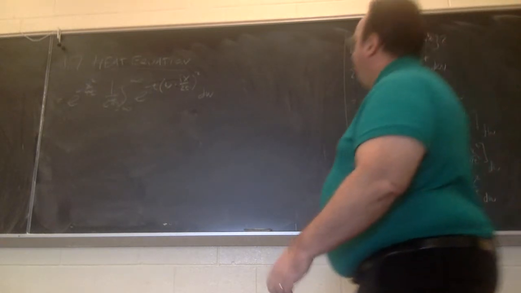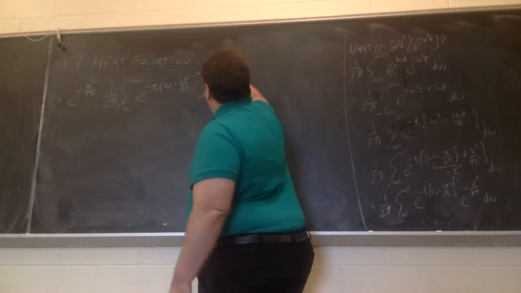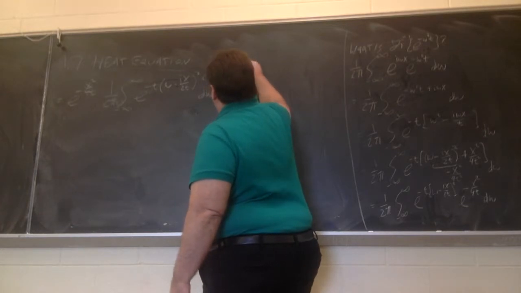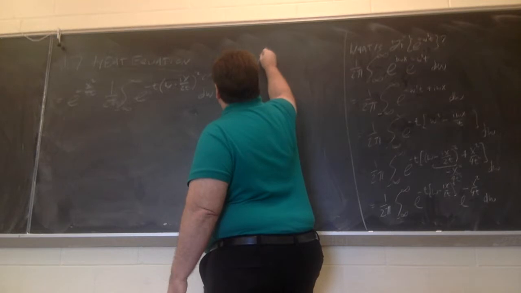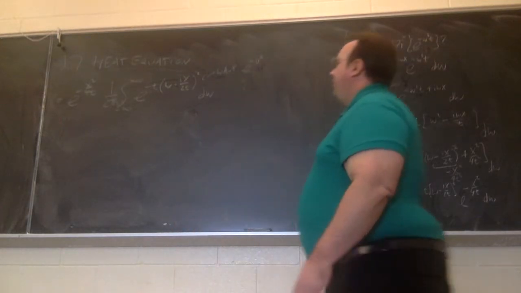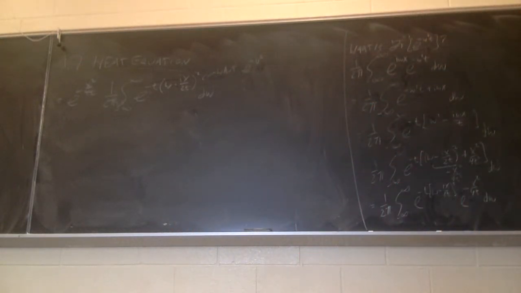And the goal is, I want this to boil down to an integral of e to the minus u squared for some u. So in other words, I want my exponent to be minus a perfect square, which it almost is, except we have that t hanging out there.